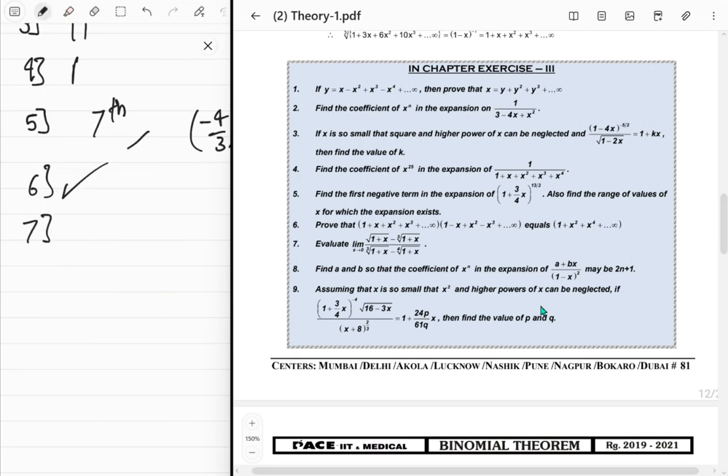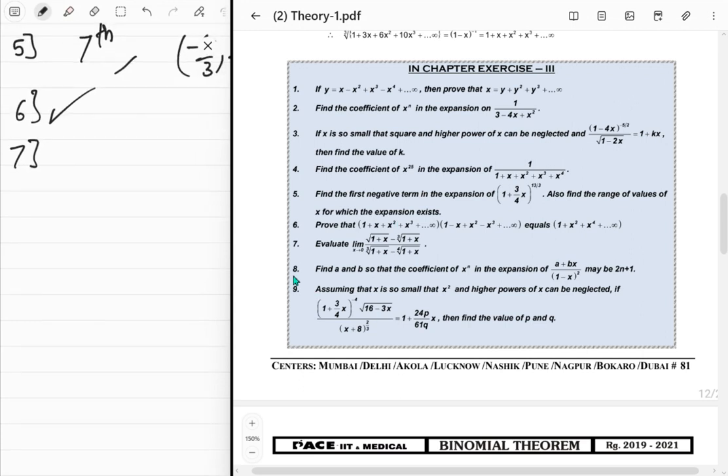Okay, 7th. Evaluate this limit. Right, cool. Well, I think I've seen a similar limit once, right? But first of all, as x approaches 0, this approaches 1 and whatnot. So you could just take something out, right? I'm just gonna take square root of 1 plus x out from this upper stuff.